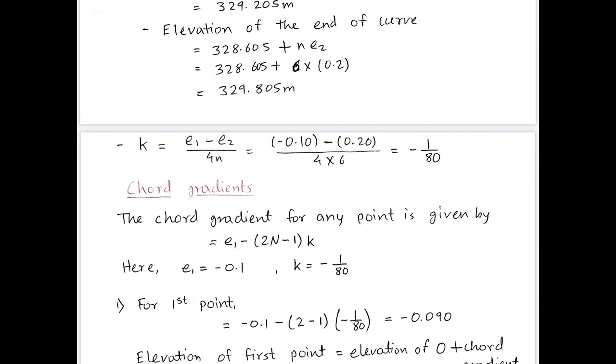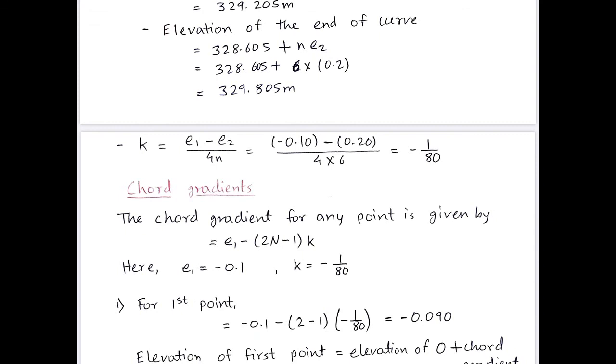Now let us find out chord gradient. The chord gradient for any point is given by the formula E1 minus (2n minus 1) into k. So here we have E1 equal to minus 0.1 and k is equal to minus 1 by 80.